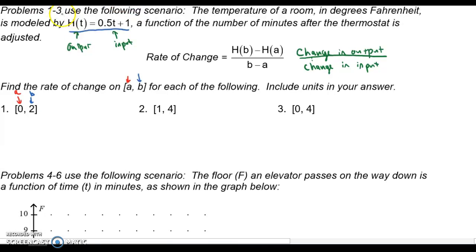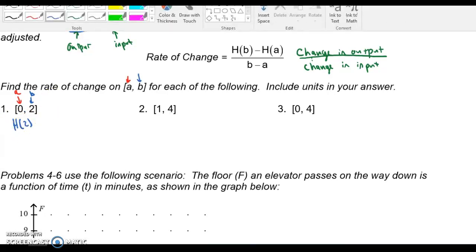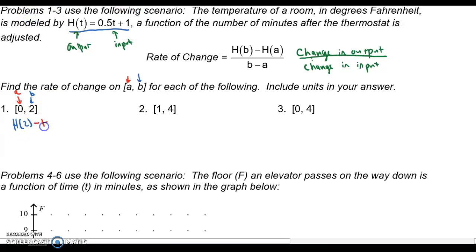With that information, then, we can pick out what we need to and plug it into the formula. And so we're going to find h of b, so in this case b being 2, we're going to find h of 2, and we're going to subtract from that h of 0, and we're going to divide by 2 minus 0. Now to find h of 2, we're going to take the value of t, which again is 2, and we're going to plug it into the function for t.